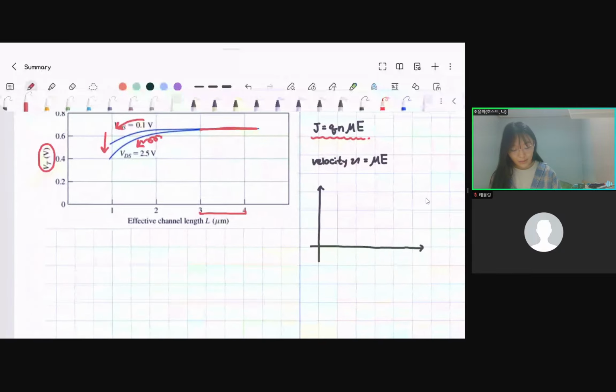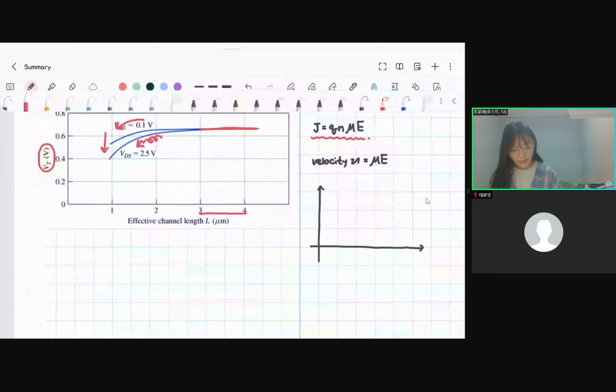But when the device gets shorter, like this, there is a problem because there is a vertical depletion region by the MOS structure from here.